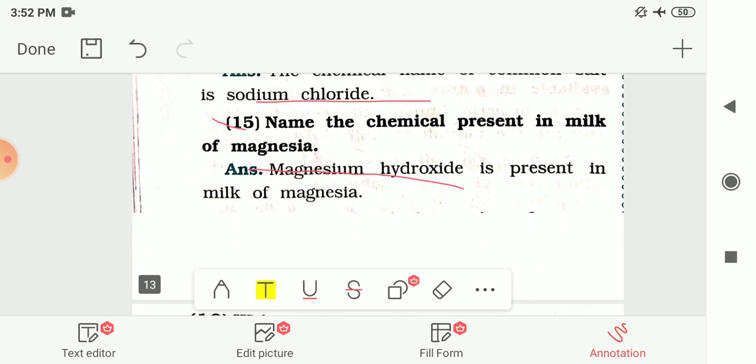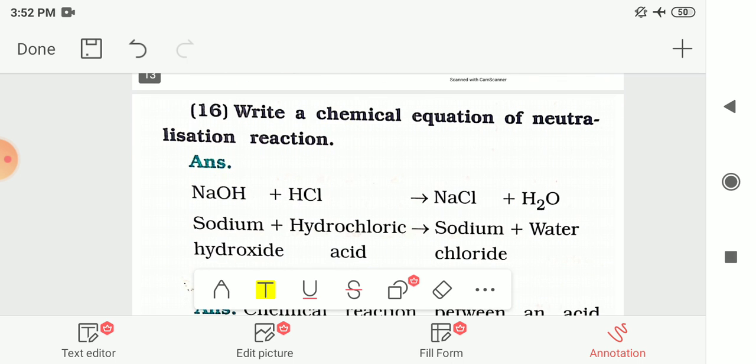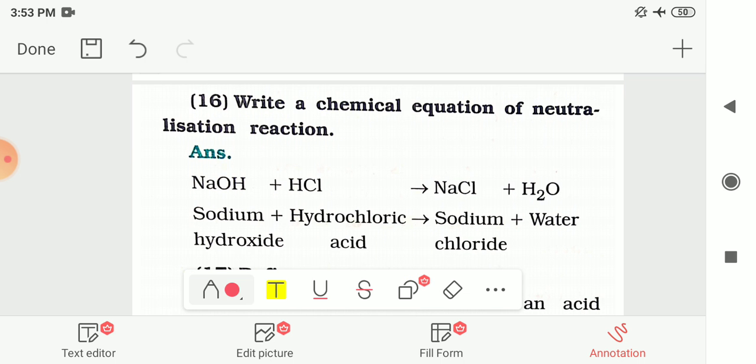Next, 16th number. Write a chemical equation of neutralization reaction. Here the equation is given to you. Here NaOH, that means sodium hydroxide, will react with HCl, that means hydrochloric acid. Here the sodium hydroxide is the base and HCl is the acid.